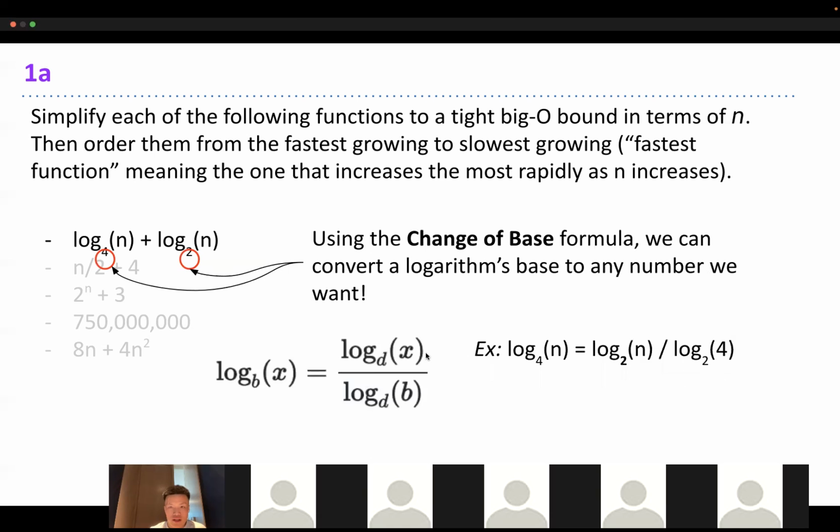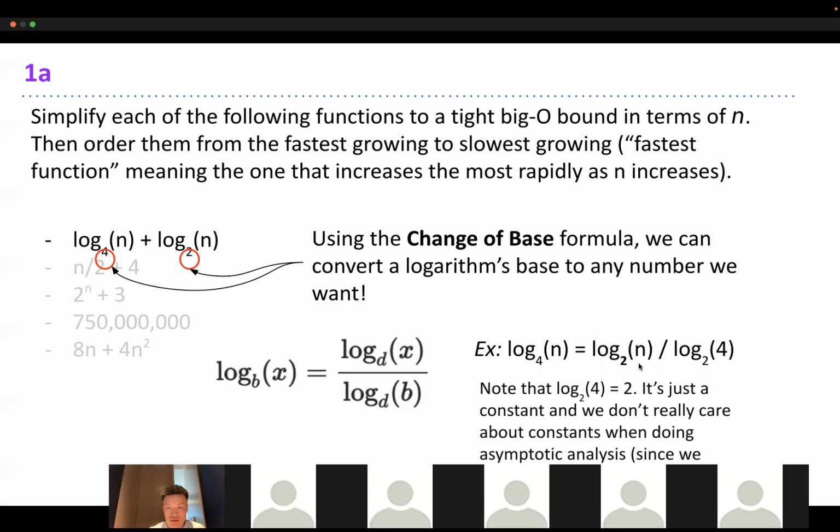So if we apply this logic, then we can do something like log base 4 of n is equal to log base 2 of n divided by log base 2 of 4. So we're converting this first log into base 2. And now you'll notice that log base 2 of 4 just evaluates to 2, which is a constant.